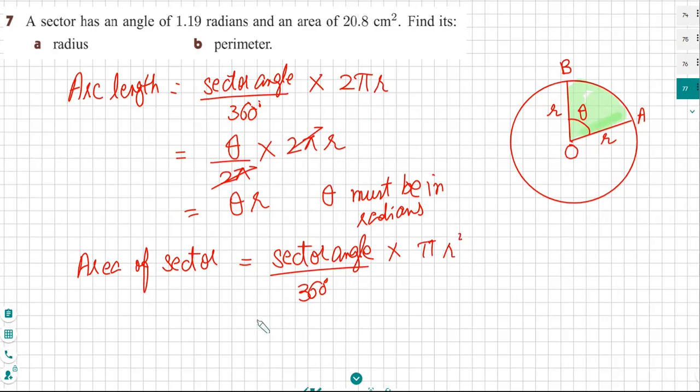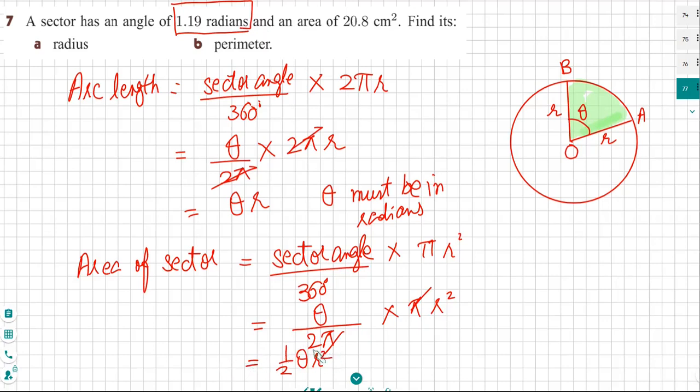If you are working in radians, like in this question, because the sector angle given is in radians, then 360 becomes 2 pi. Sector angle theta over 2 pi, times pi r square. So pi and pi cancel, and we're left with 1 over 2 theta r square.